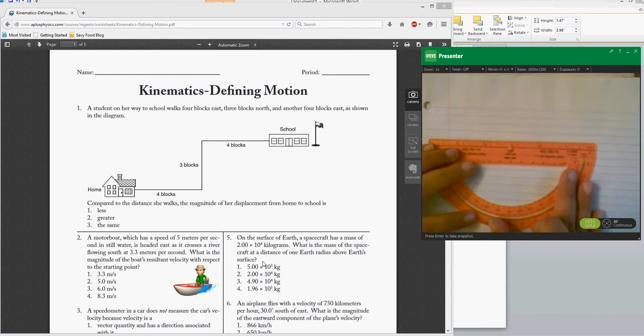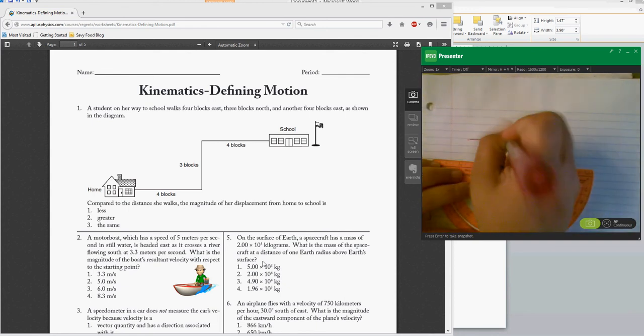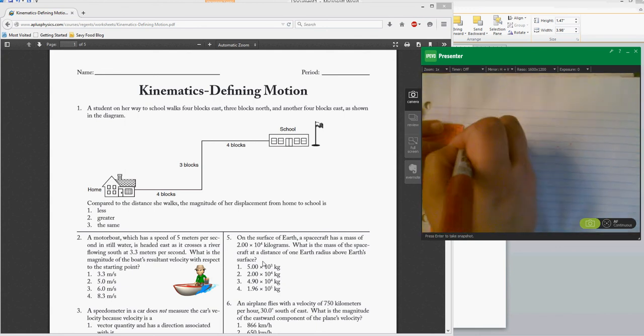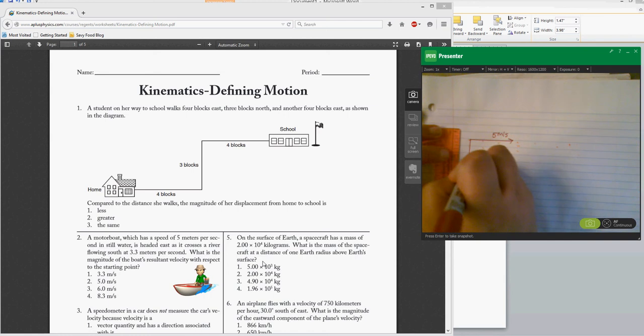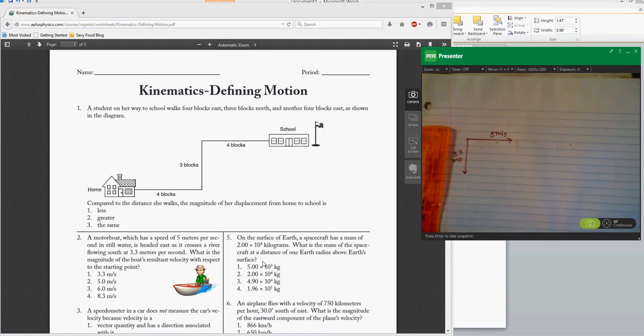So we're going to just have one going east, and this is 5 meters per second.